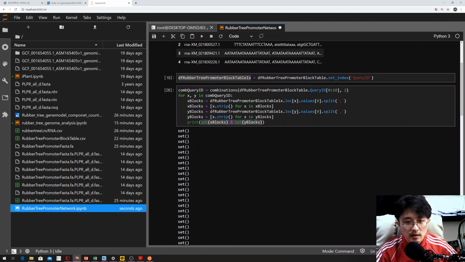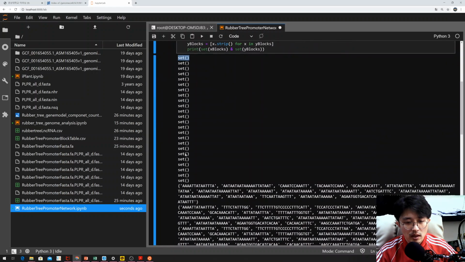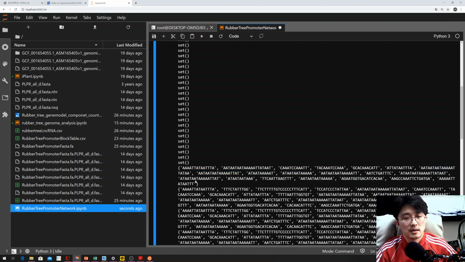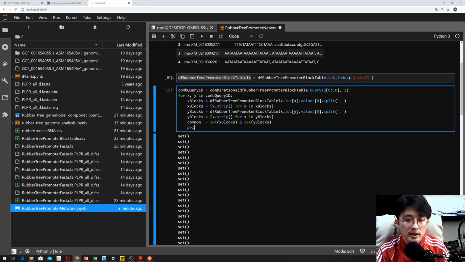So some queries, some combinations have nothing, but some combinations have things, right? So I will imagine, so common, okay, common. So print ranks and common.